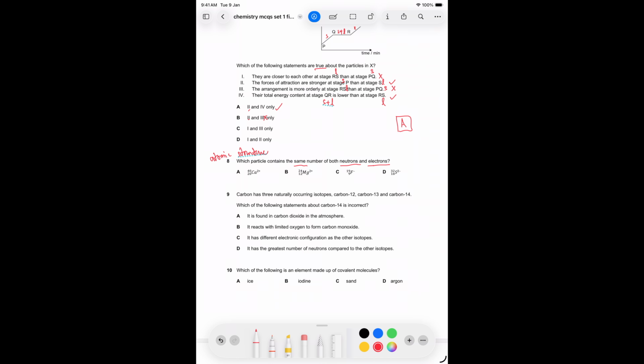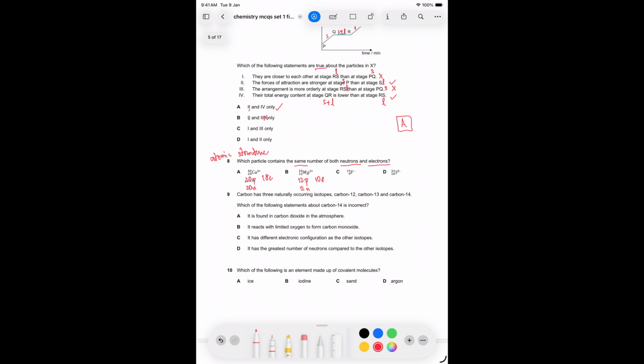Okay, so calcium will be 20 protons. So you minus away 40 minus 20, you get the neutrons, which is 20 as well. Electrons will be 18 because it gives away 2 electrons, so 18 electrons left. So it is 12 protons, 12 neutrons, and only 10 electrons.